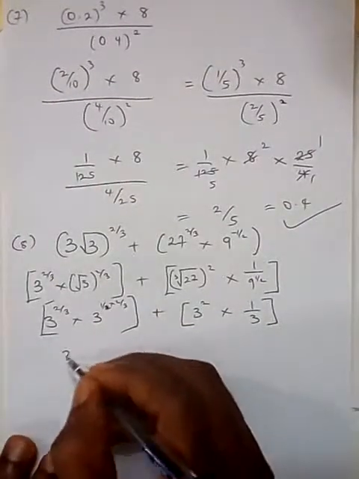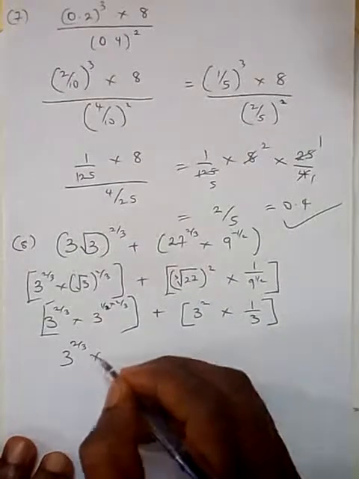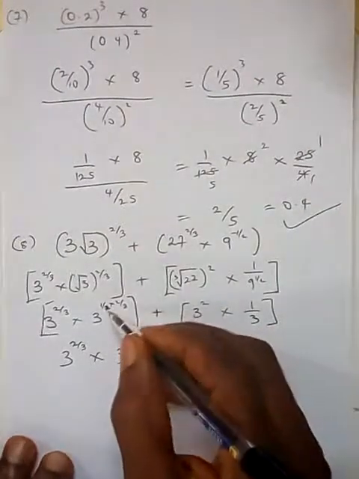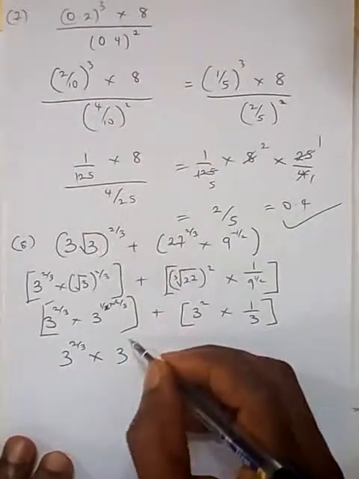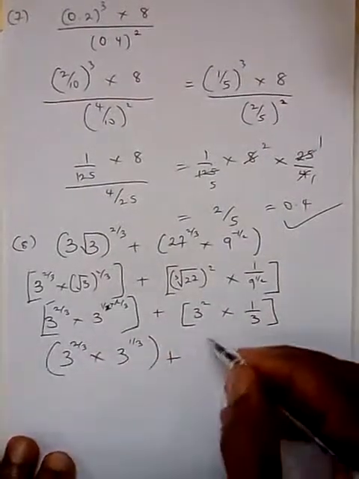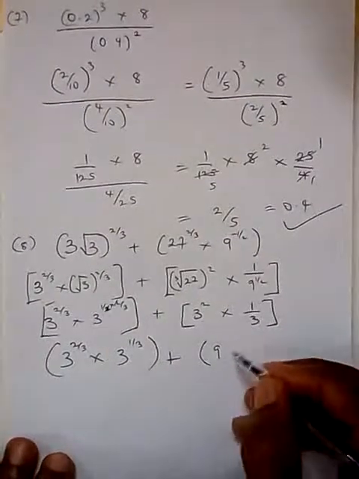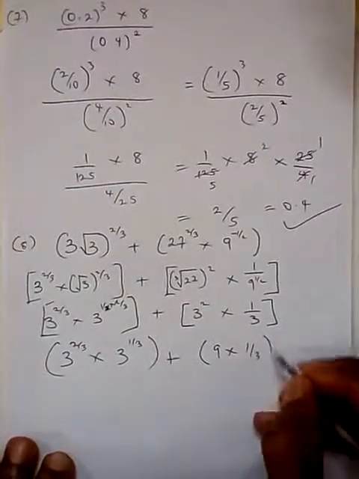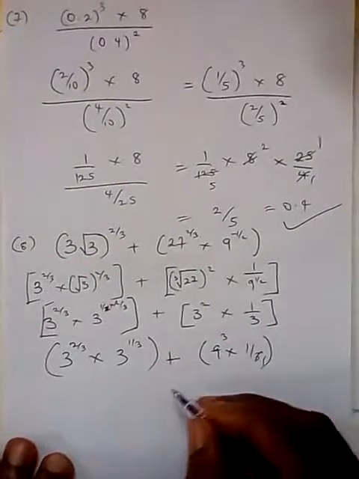Okay, so this is 3 raised to power 2 over 3 times 3 raised to power, if you multiply this cancels this, 1 over 3, okay, plus this is 9 times 1 over 3. Well, this here 3, so that's 3.